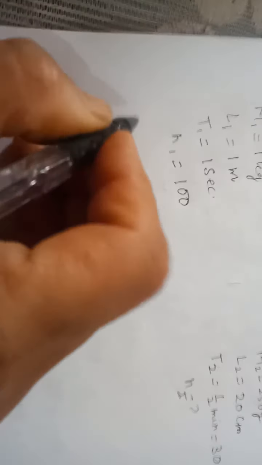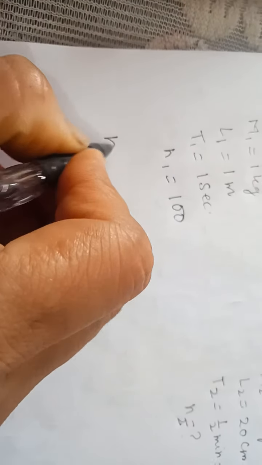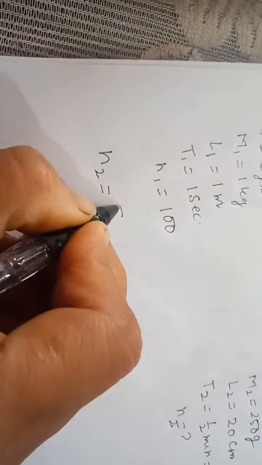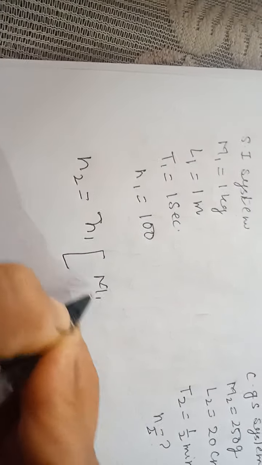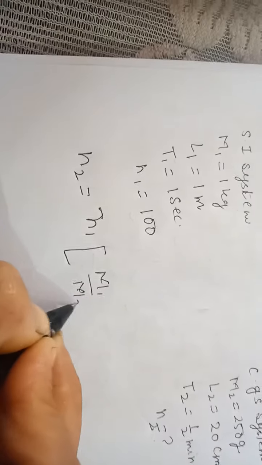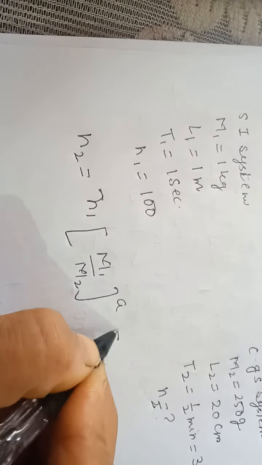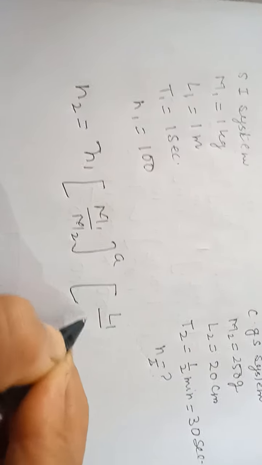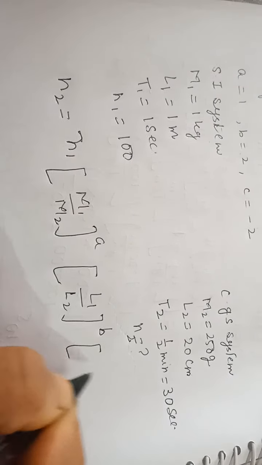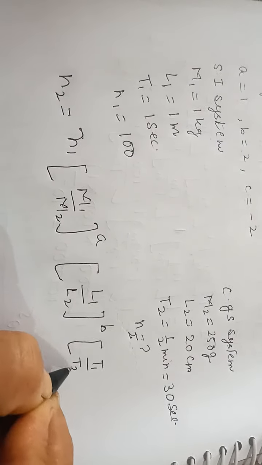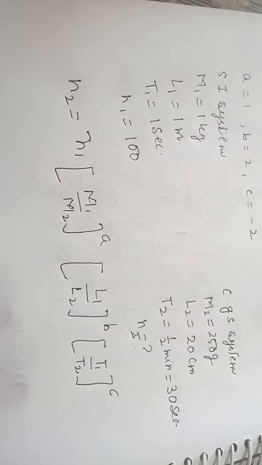Okay, how? We have a formula: n2 is equal to n1 into (m1 upon m2) to the power a, (L1 upon L2) to the power b, and (T1 upon T2) to the power c.